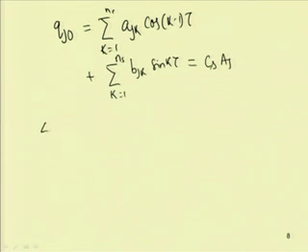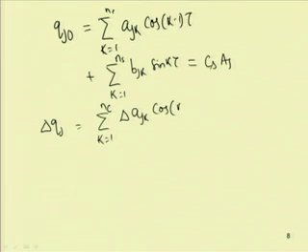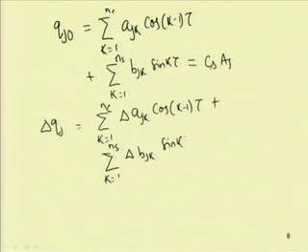Similarly, delta q j can be written in the same way: the sum over k equal to 1 to n c of delta A j k cos (k minus 1) tau, plus the sum over k equal to 1 to n s of delta b j k sin k tau. This can similarly be written using C s delta A j.